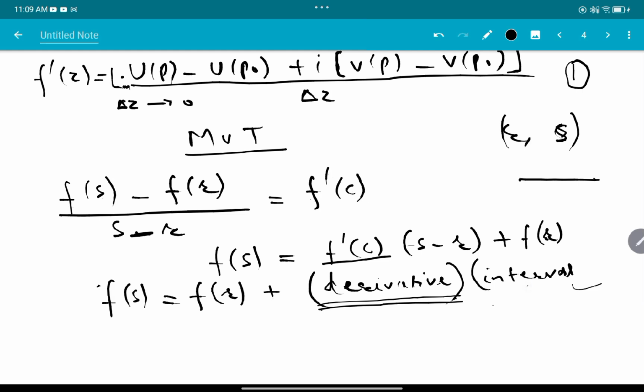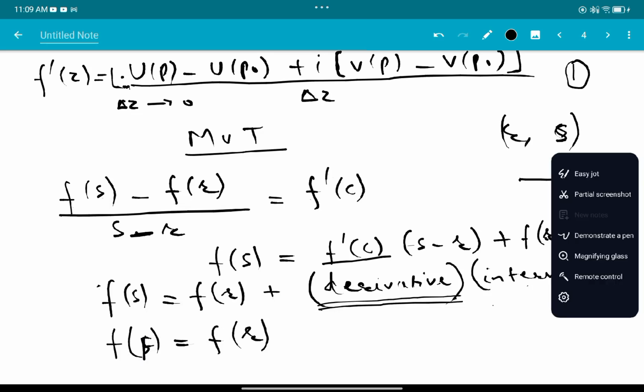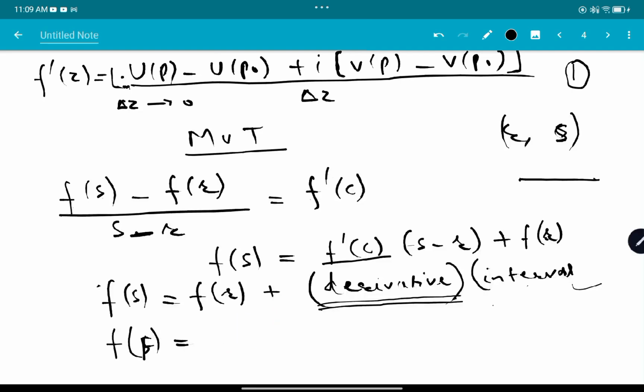That is all about the mean value theorem for two variable functions. We can write it like this: f final, minus initial, is f_f minus f_i, equal to the derivative with respect to x times the interval delta x, plus the derivative with respect to y.